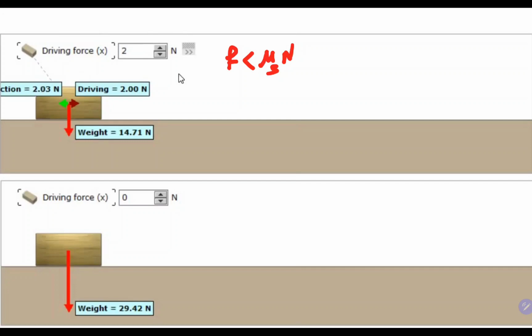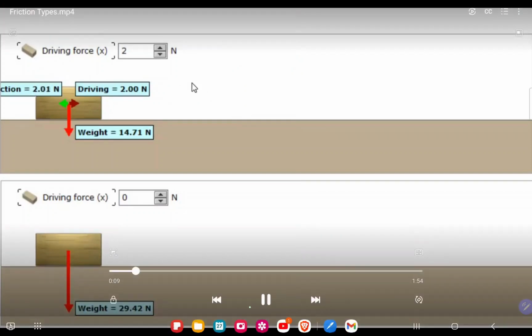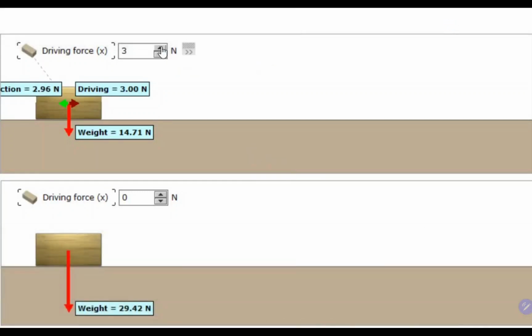Now keep increasing the driving force until it reaches almost 3. In this case here, Fs is equal to mu s n, which means this is the maximum static friction we can reach.